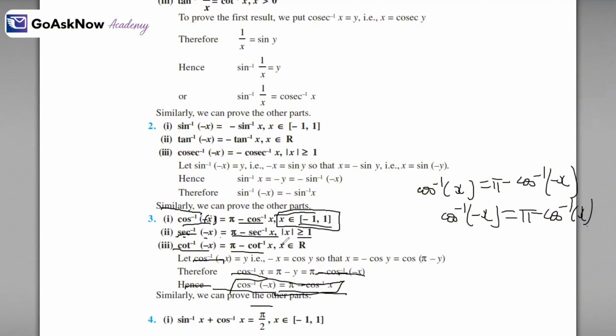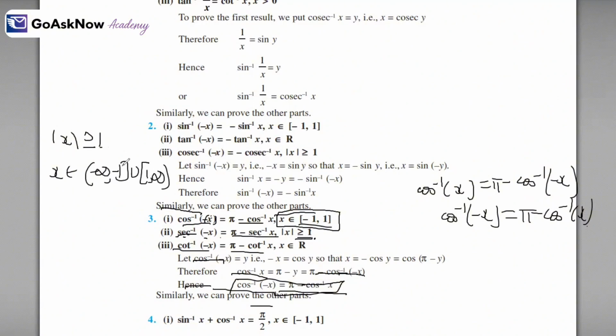Similarly for sec inverse of minus x, this should be the range of what? Sec x. For the range of sec x, mod x is greater than or equal to 1. Okay, so that will give you a similar result, that x belongs to minus infinity to minus 1 union 1 to infinity.